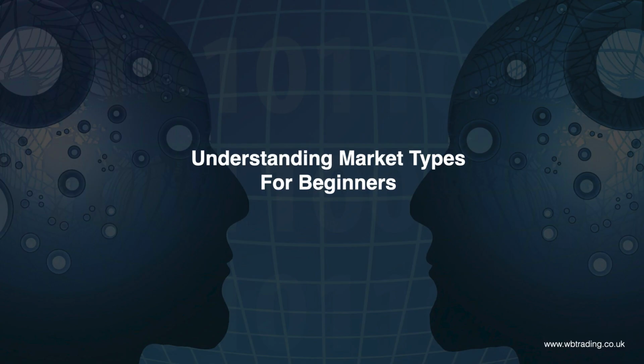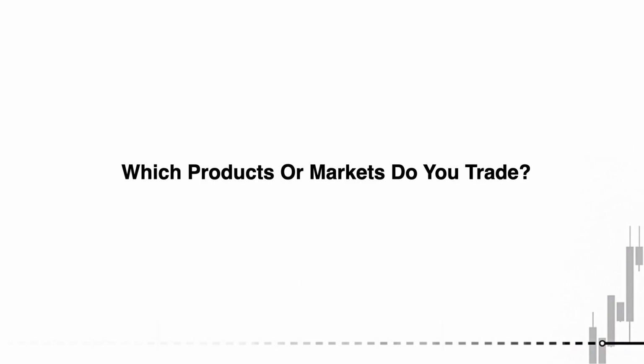So in today's video, again, we'll be covering a very important aspect of trading, that being understanding the various products or asset classes, also known as markets, that are available for you to trade. When it comes to trading, one popular first question to ask when you meet a trader is which products or which markets do you trade and why?